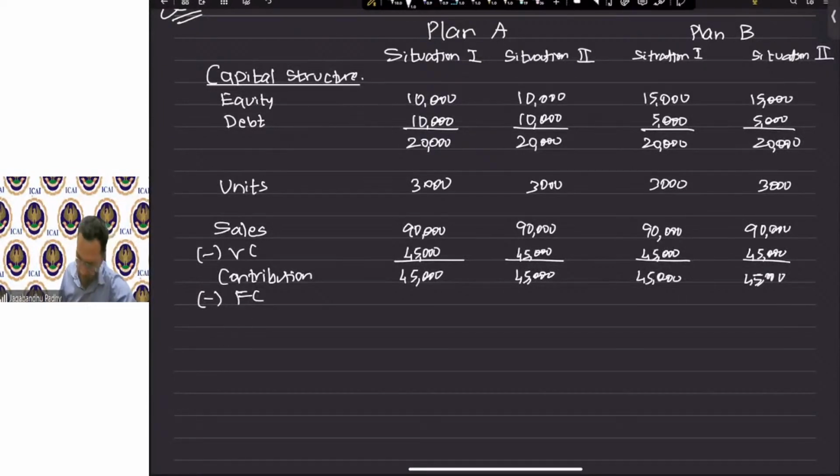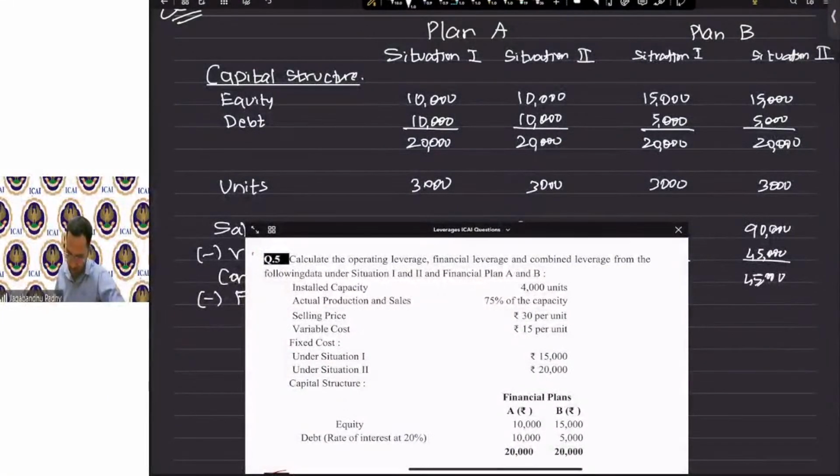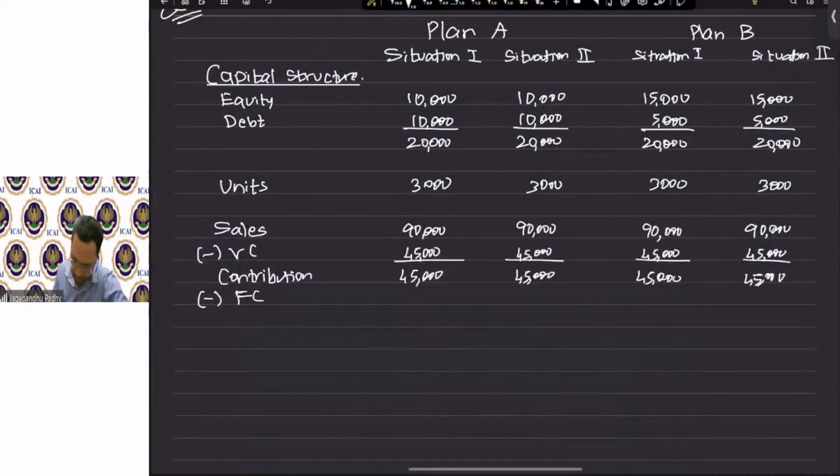Under situation 1, fixed cost will be 15,000 or 20,000.